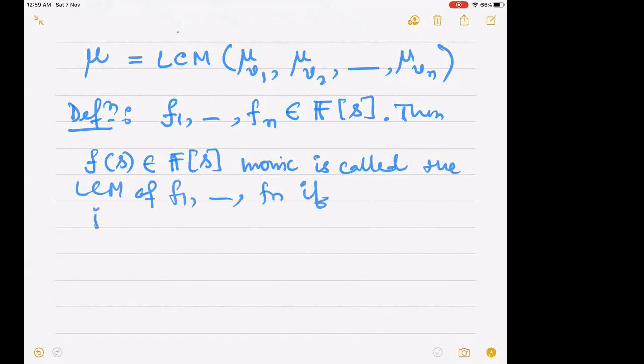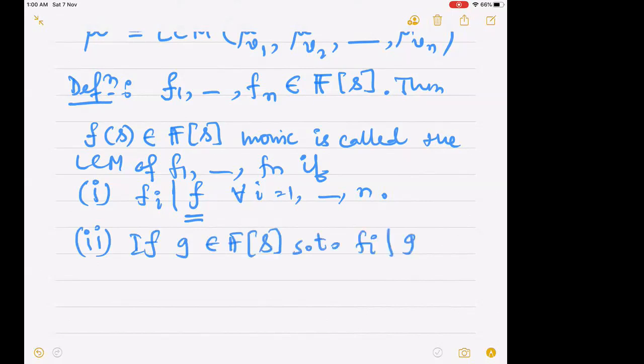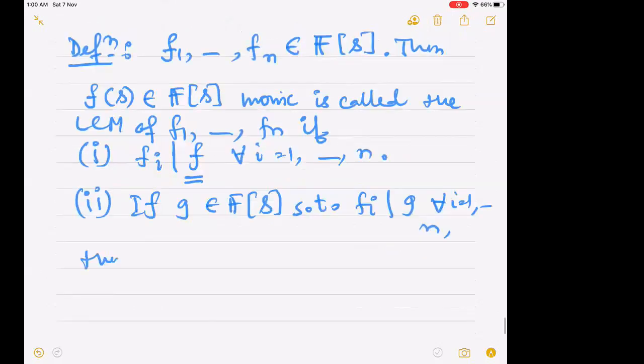Number one, fi divides f for all i equal to 1 to n, that means all these polynomials will divide f, so f will be a multiple of all of them. So that's why it's the common multiple. Now, what is least about it? Least means if g is another polynomial in F[x], such that fi divides g for all i equals 1 to n, then f must divide g.